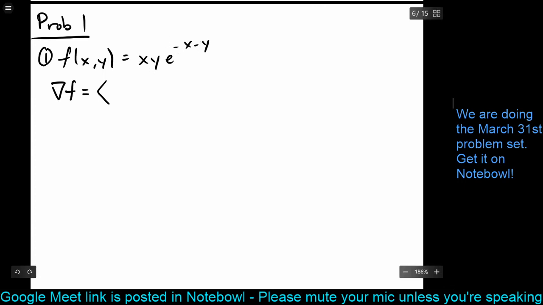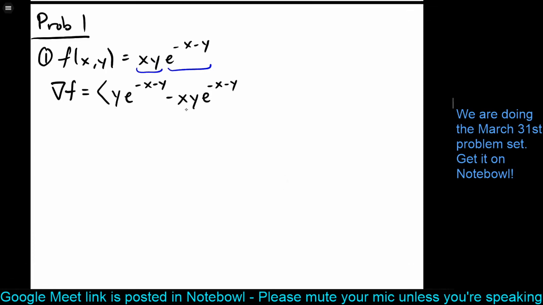This is going to be a product rule between these 2 pieces. So we're going to have y e to the minus x minus y, plus minus xy e to the minus x minus y. This is derivative of the first times the second, plus the first times the derivative of the second. Again, derivative of the second pops out a negative sign, so that's the minus.